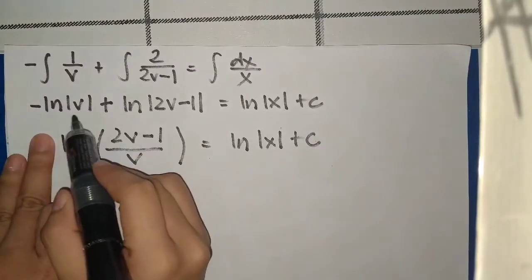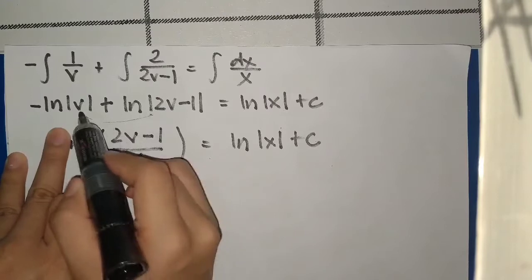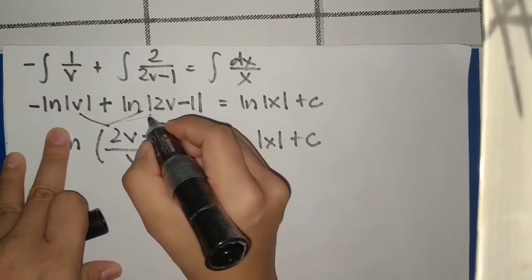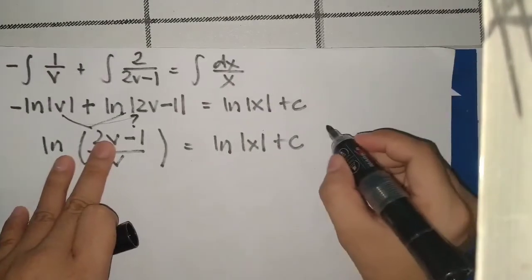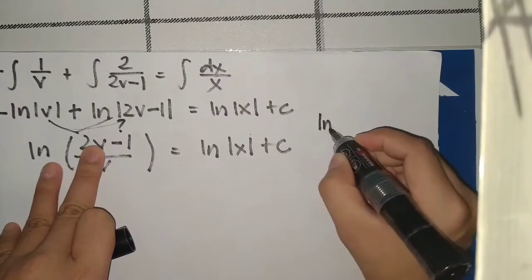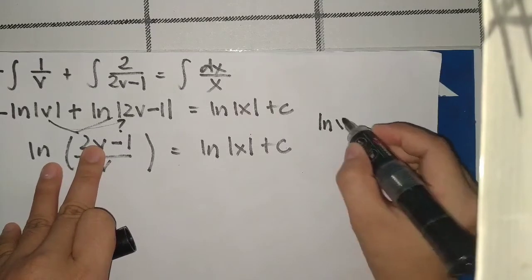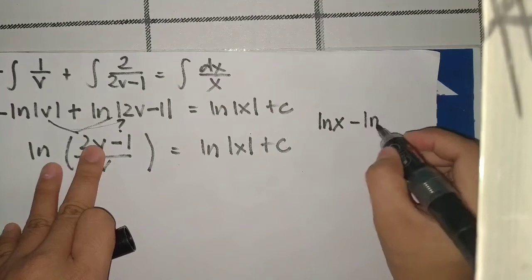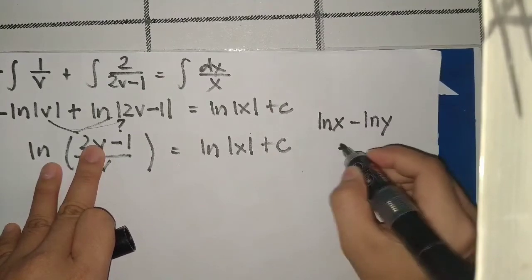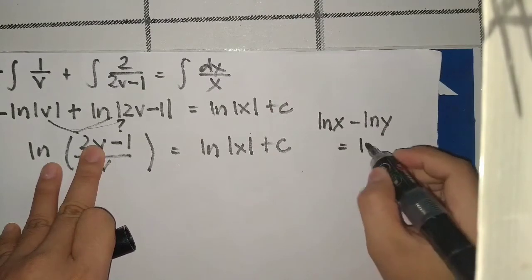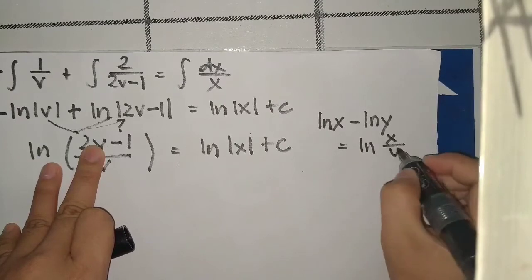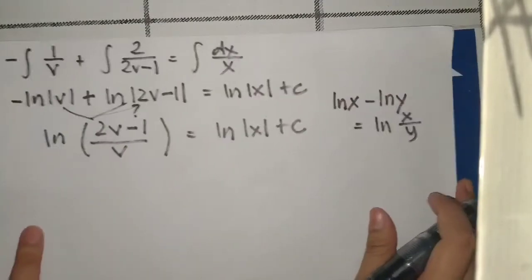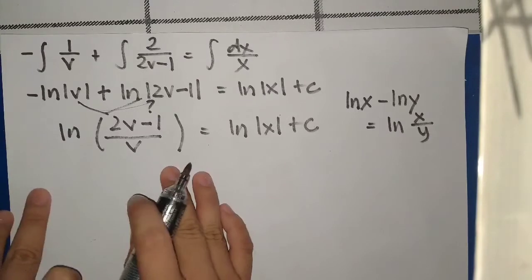So since we have ln here, the reason why it became like that is that we have the rule of natural logarithm, which is ln x minus ln y is equal to ln x over y. That's the reason why I have it that way.